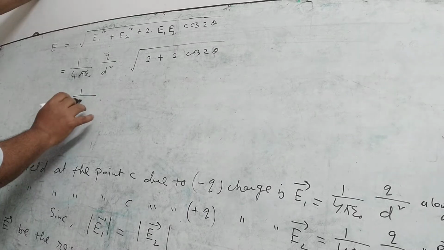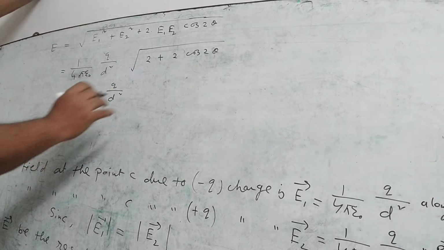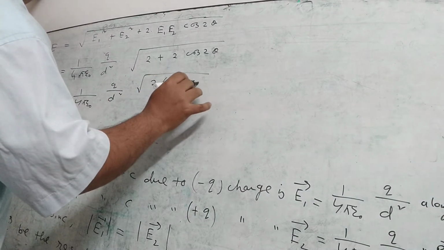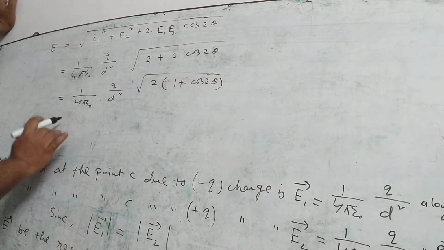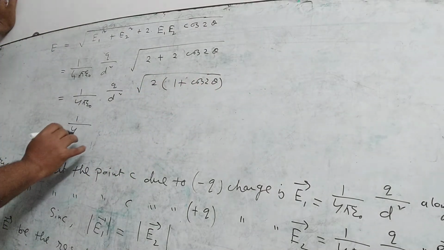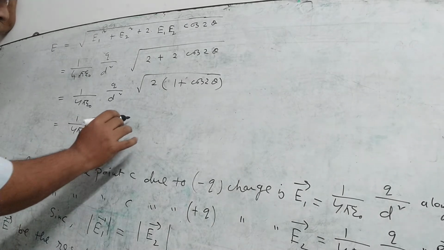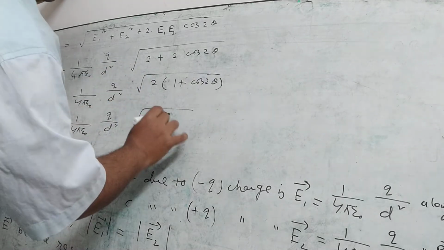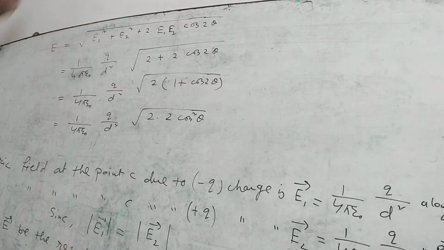This is equal to 1/(4πε0) Q/d² into 2 into (1 + cos 2θ), and 1 + cos 2θ means 2cos²θ.